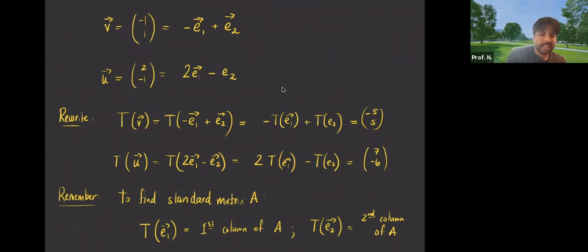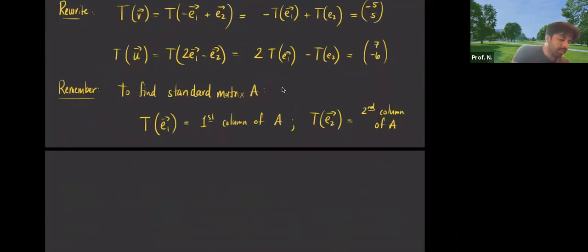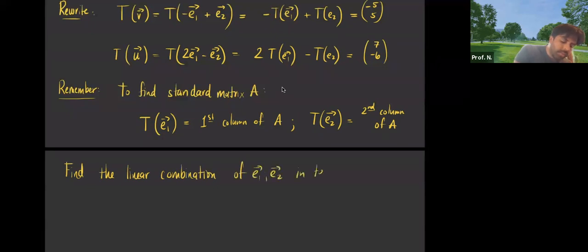So the idea now is to reword this: find the linear combination of E1, E2 in terms of U and V. Do you guys understand what I'm asking?